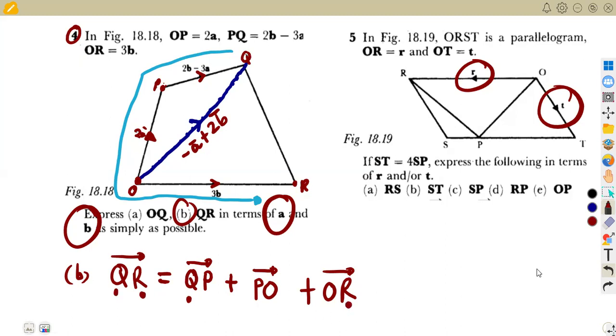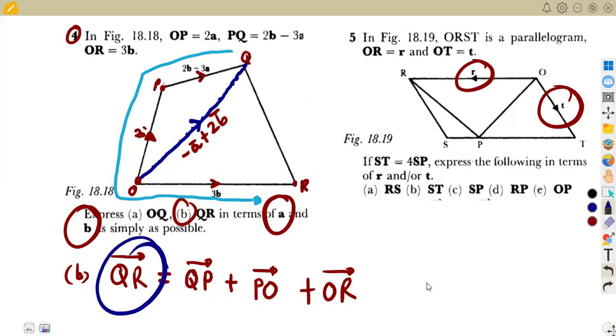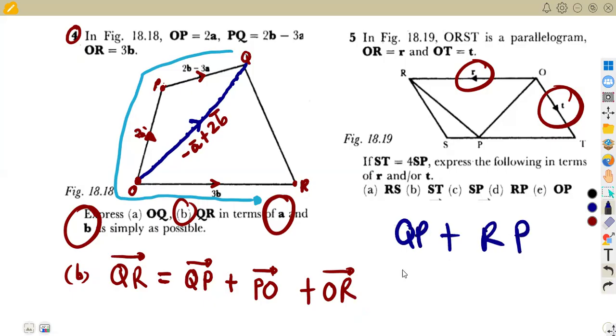We're done. We start with the Q and with what? With R. So the moment we see this not giving us our original vector, say QR, the moment you try to join these and you are not obtaining this QR, for example, you write QP plus RP like this. This is wrong. We cannot move from P. It must join. Take note. It must be a P. We have got P here.